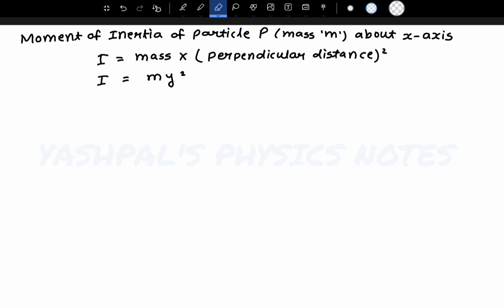Now we are going to find the moment of inertia of particle P about the y-axis.